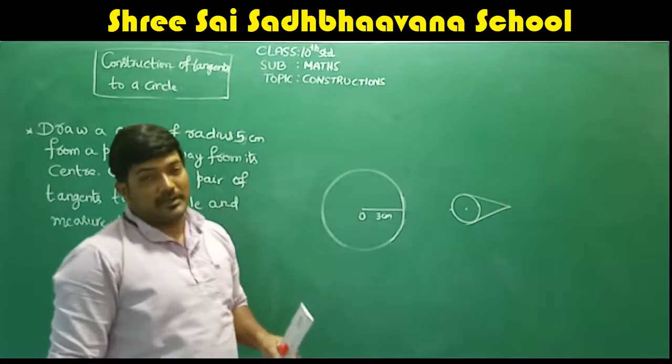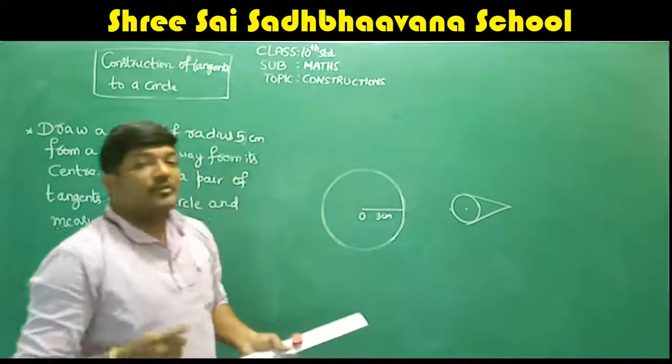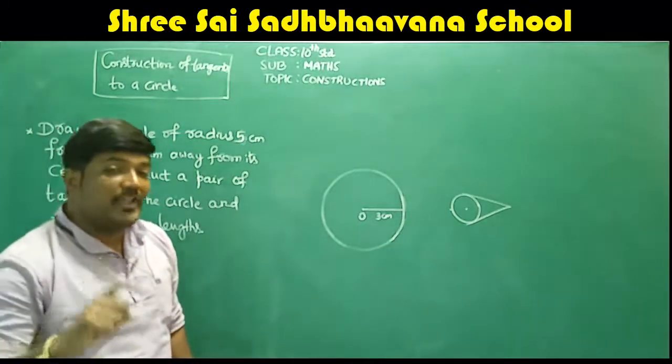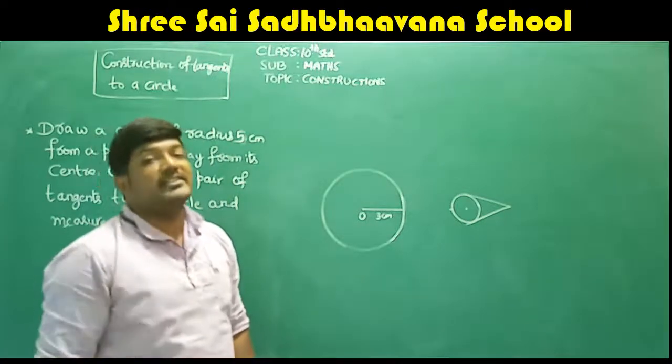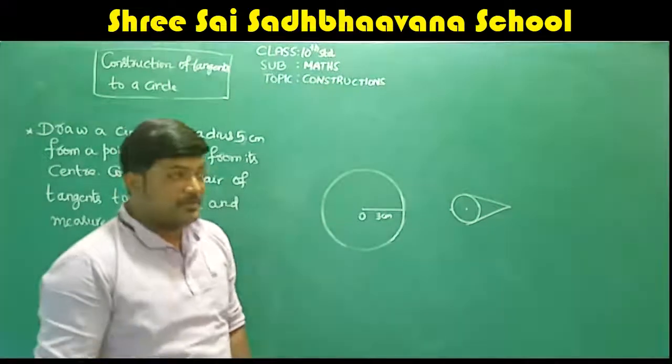For any circle, not only for this circle, if you take a point outside the circle, you can draw only 2 tangents from it, and those should be equal to each other. I'll just repeat once again.